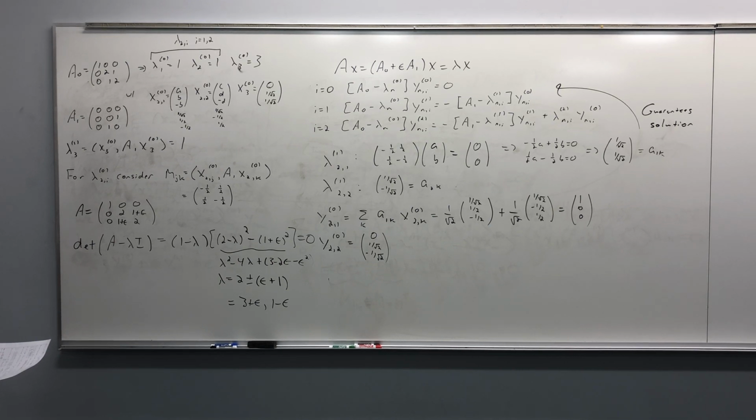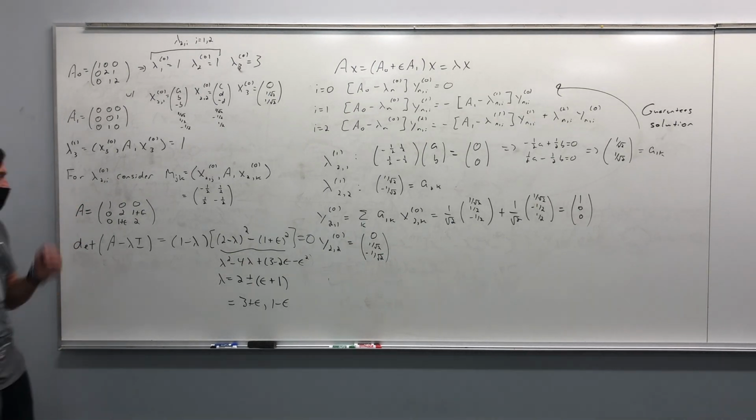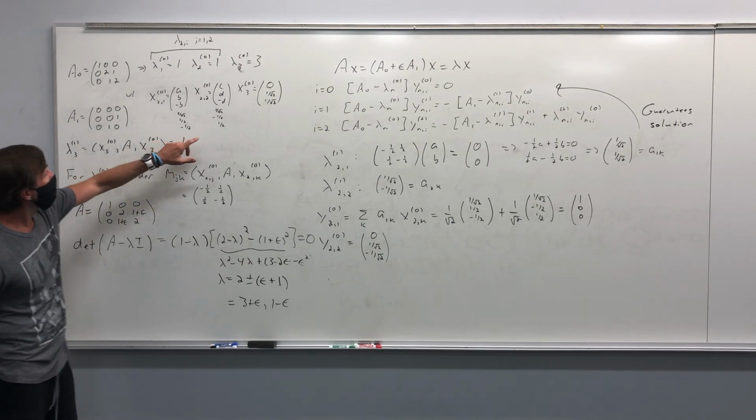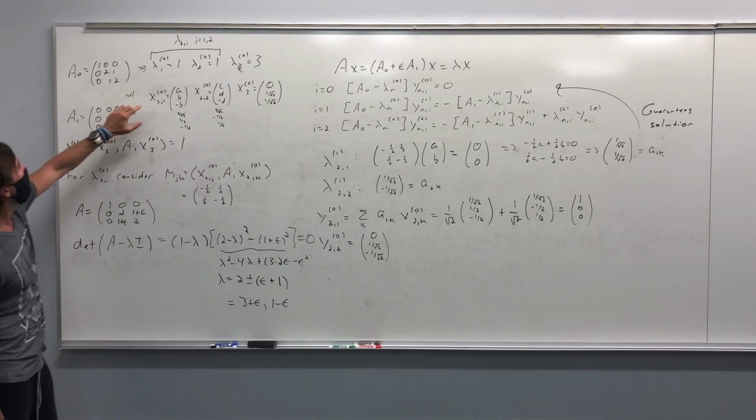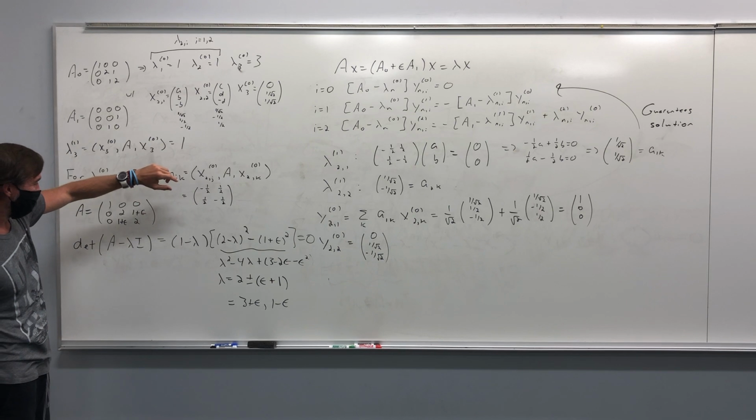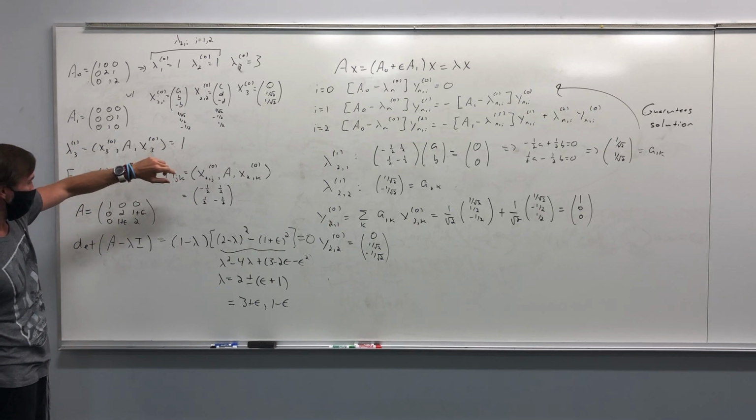Where did my corrections go? I erased them. They're gone. And we were so confident. They were right here. Okay, well, at any rate, wasn't it 0 and negative 1?